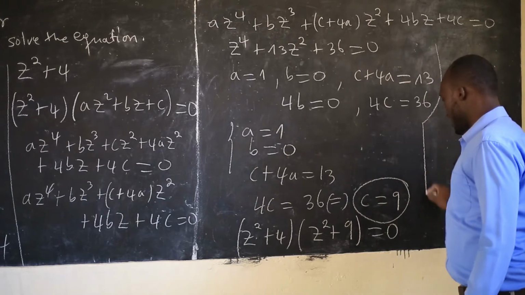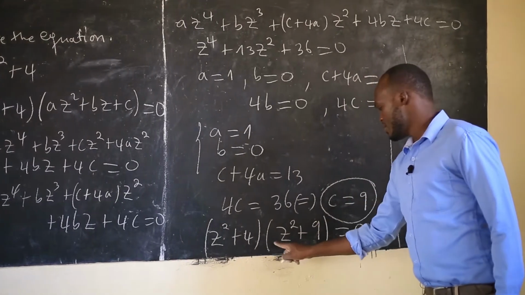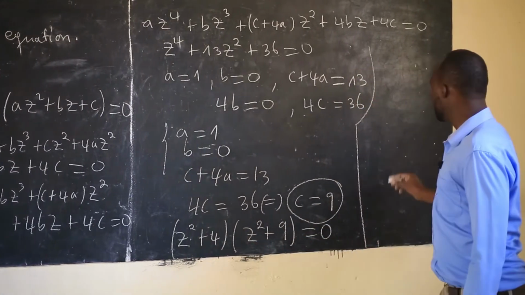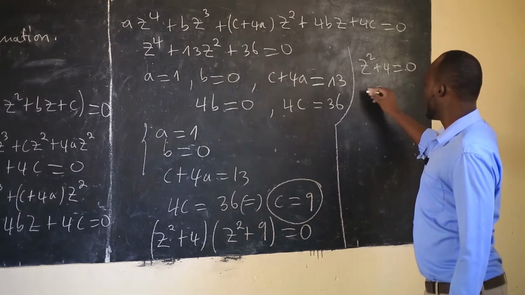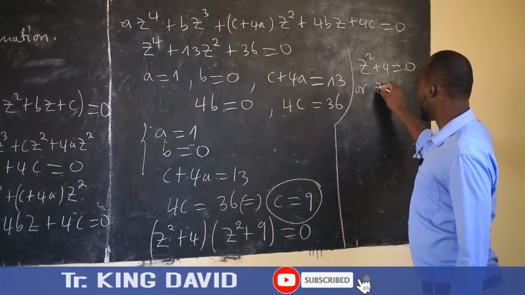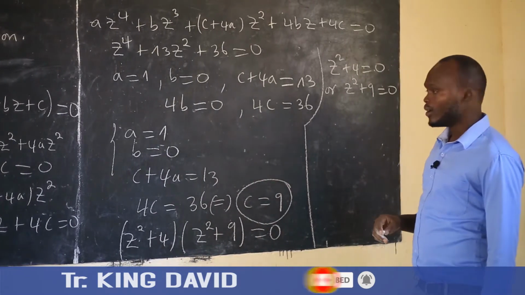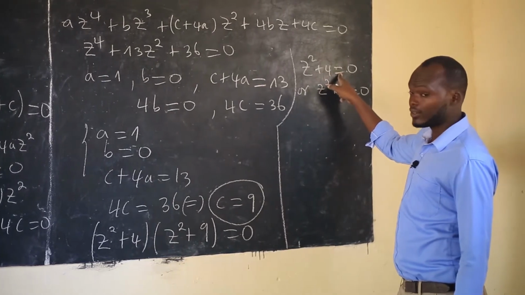Remember, if you have two factors like this, with a product equal to 0, this one is 0 or that one is 0, meaning that z squared plus 4 equal to 0 or z squared plus 9 equal to 0. So from this we have the roots, which are plus or minus 2i.